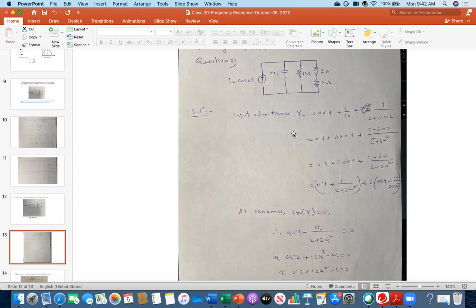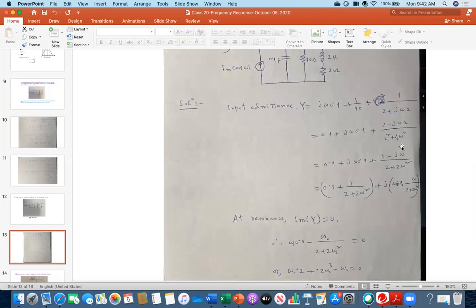Yes. Okay. So then you see what I am doing. First, I am writing this number 1 over 10, because this is the real number. And here there is j, and here you can see j. So this is the complex number. So here I am multiplying both numerator and denominator by 2 minus j omega 2. Therefore, in my denominator, it will be 2 squared plus 4 omega squared, because j squared is minus 1.